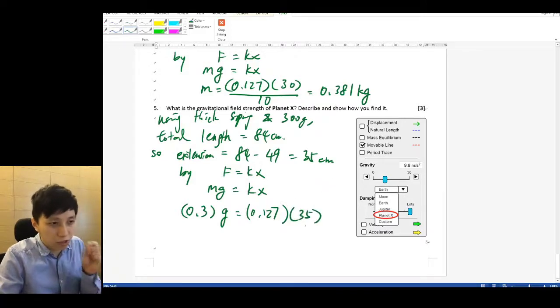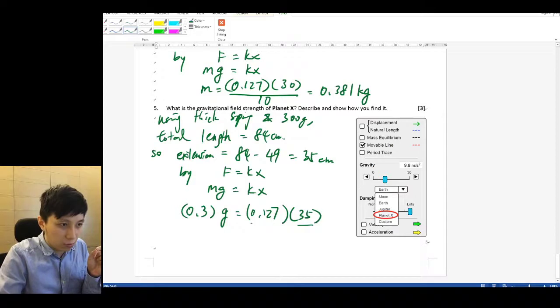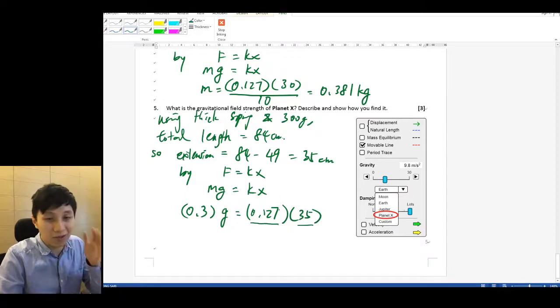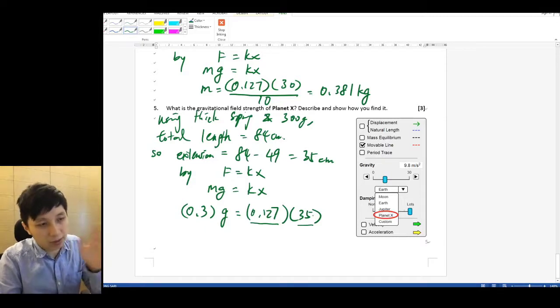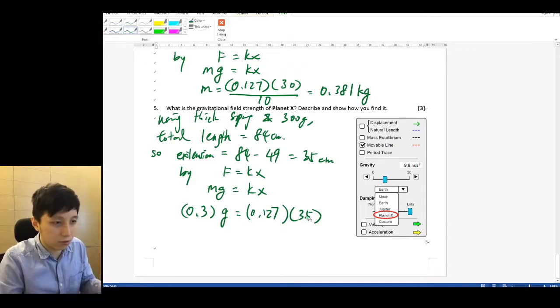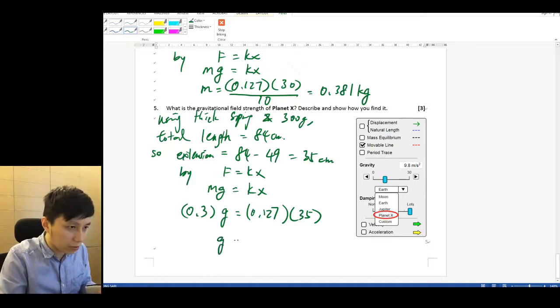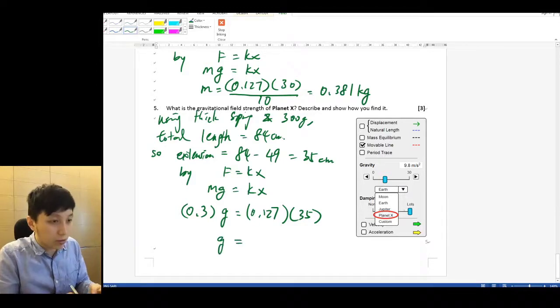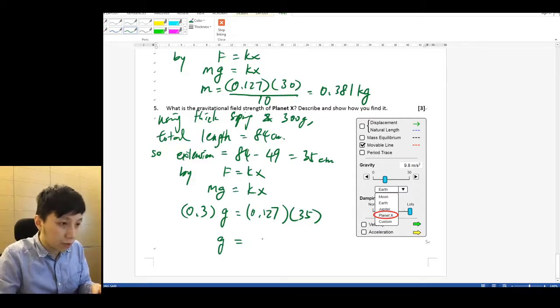We don't have to change it to meter because 0.127 is already in Newton per cm, so the per cm and cm will cancel out. You don't have to change them to meter. It's going to be the same. So eventually g is 0.127 times 35 divided by 0.3, which is going to be 14.816666.